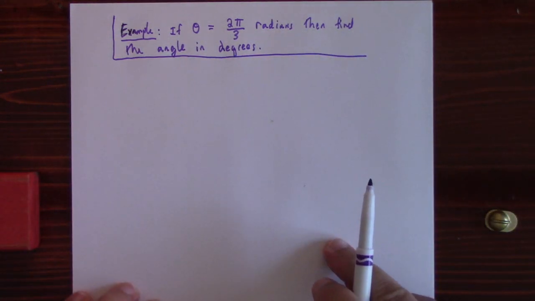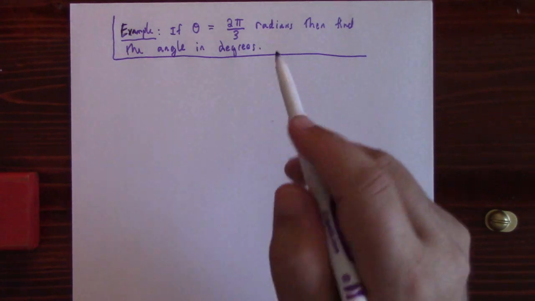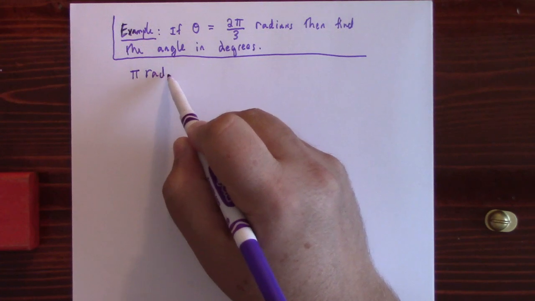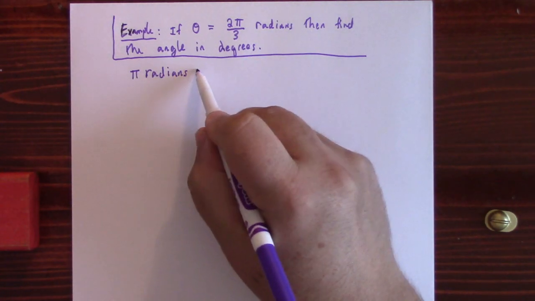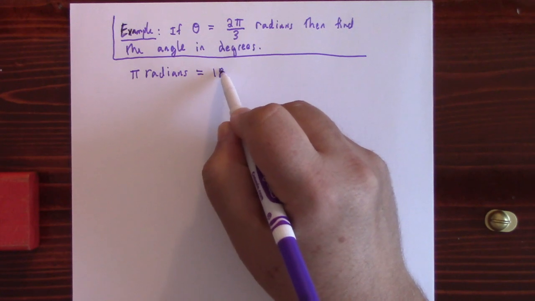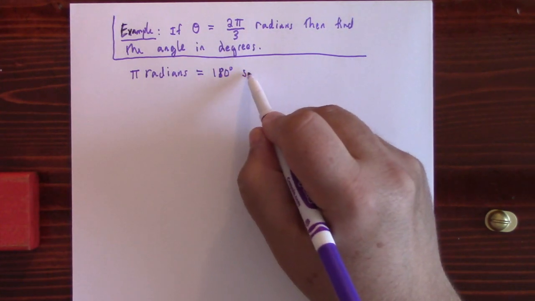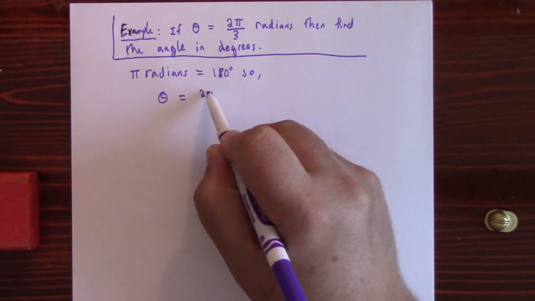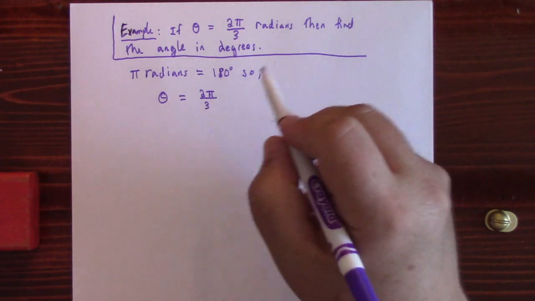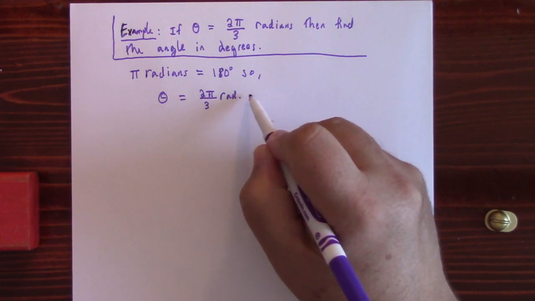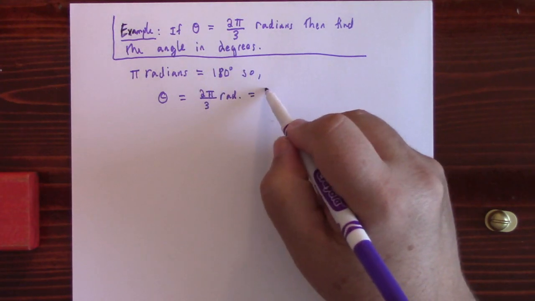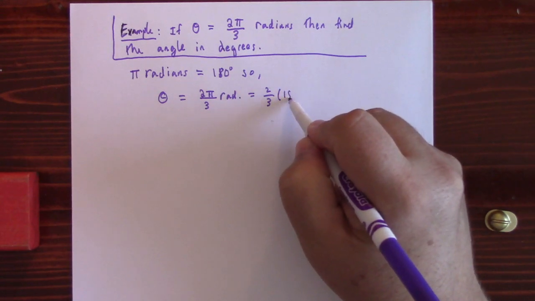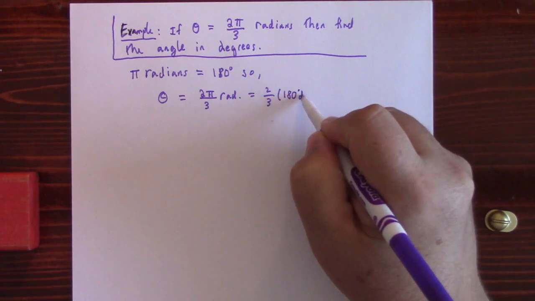Alright, here's how it goes. So remember, pi radians equals 180 degrees. So theta equal to 2 pi over 3 radians equals, let's see, 2/3 of pi radians, and pi radians is 180 degrees, right?